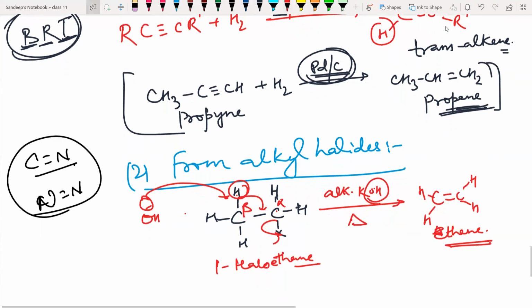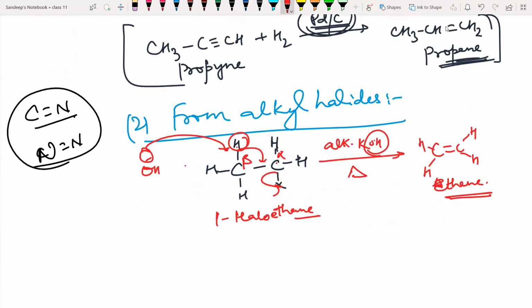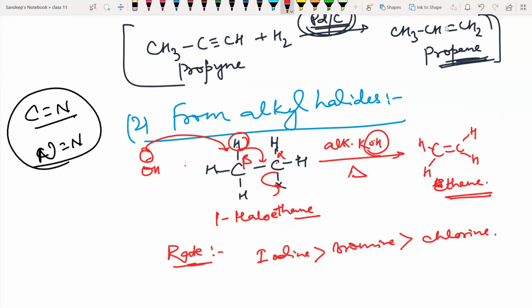So here removing iodine is very easy because iodine is a very good leaving group. So iodine will be more than bromine, then chlorine. Now keep in mind that from tertiary, it will be easily removed, then secondary, then primary.